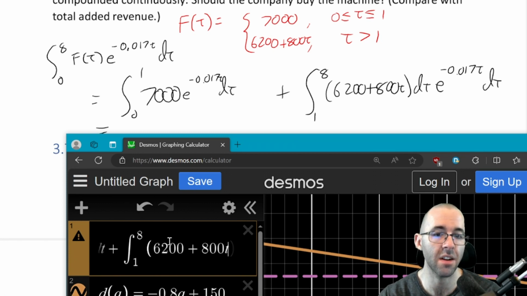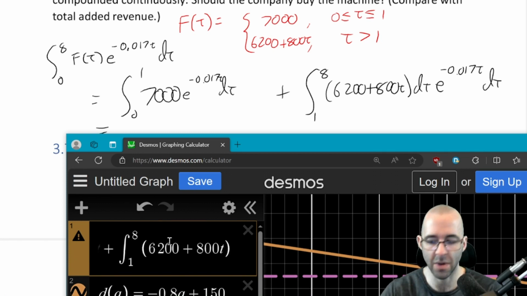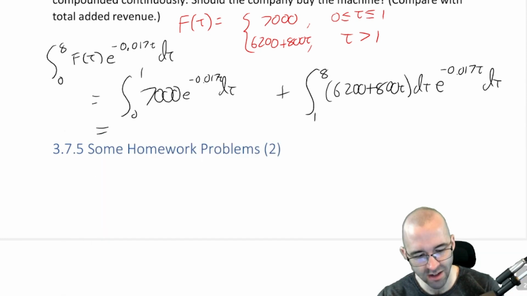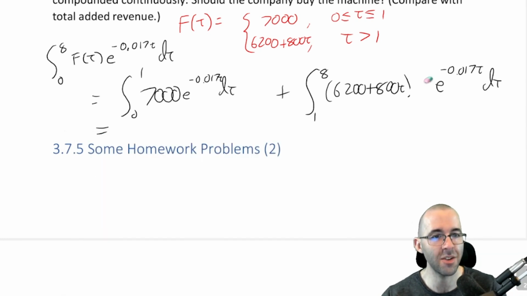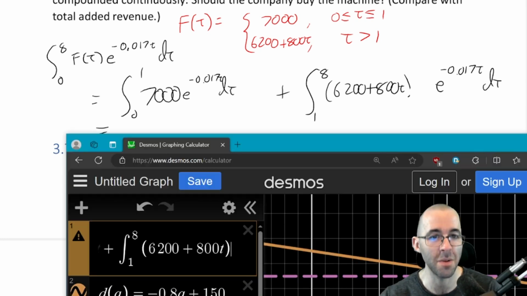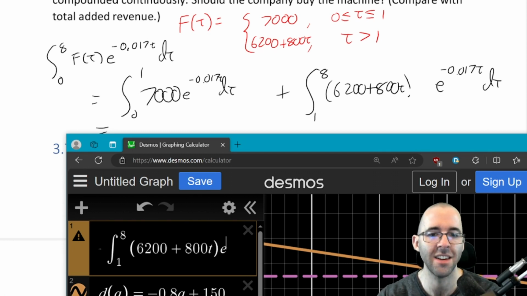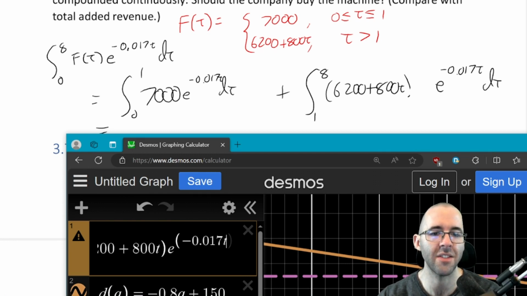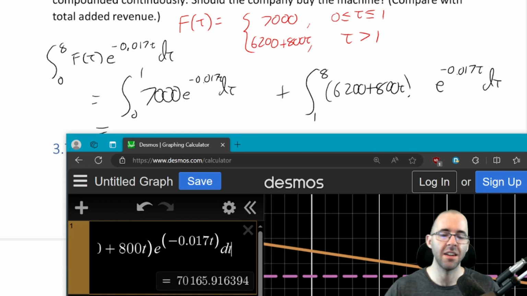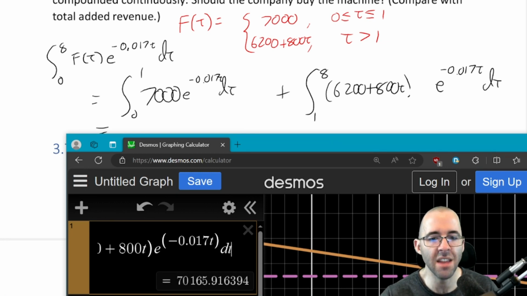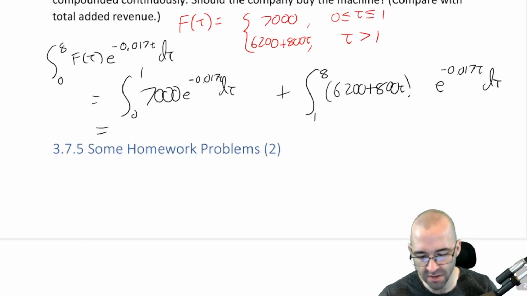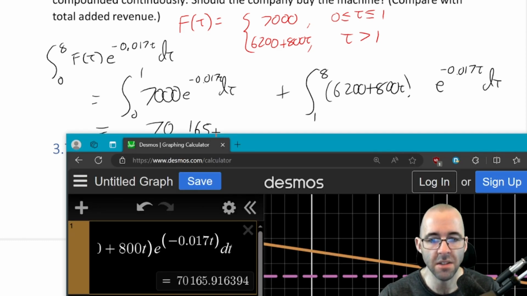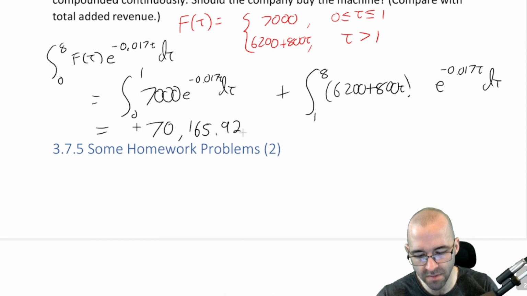Again, the parentheses are going to be important here. Oh gosh. We don't need 2 dt's here. 1 is going to be plenty. Negative 0.017 dt. We can find the present value is $70,165.92.